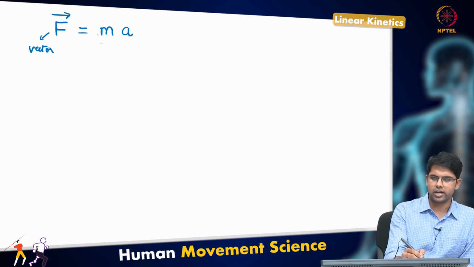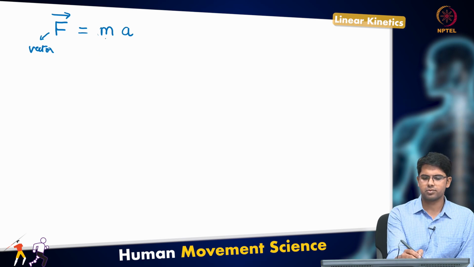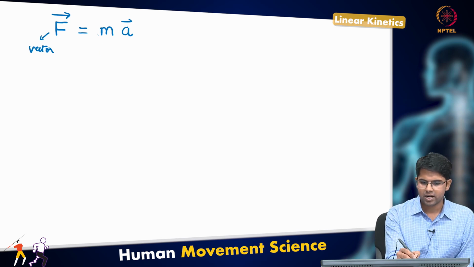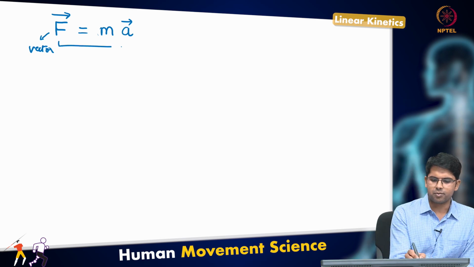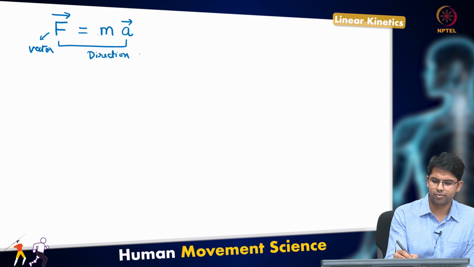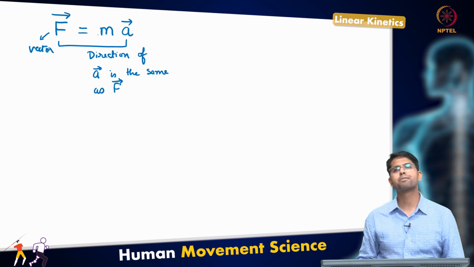The mass is an inherent property of the system, the inertia of the system. Acceleration is a vector, and from this you can see that the direction of acceleration is the same as the direction of the force applied.